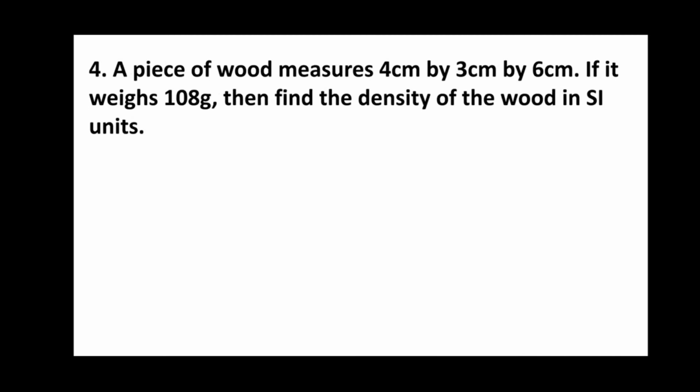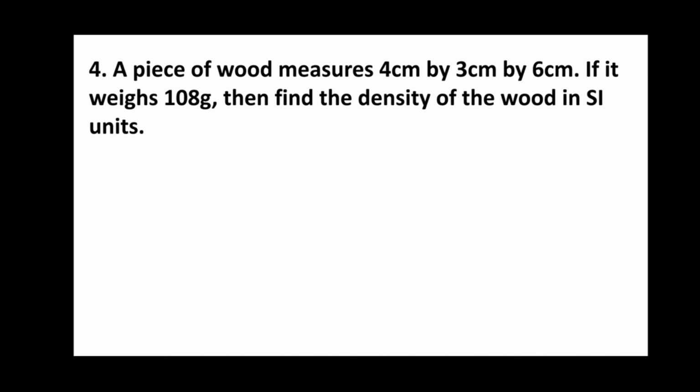The fourth question is, a piece of wood measures 4 cm by 3 cm by 6 cm. If it weighs 108 gram, then find the density of the wood in SI units. Here we have to find the density.